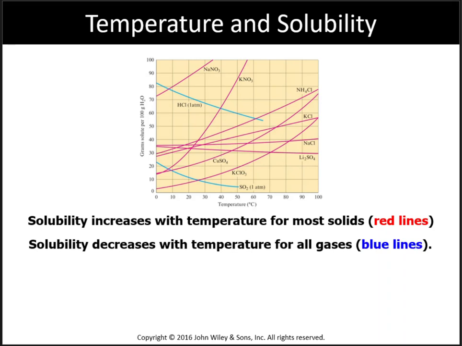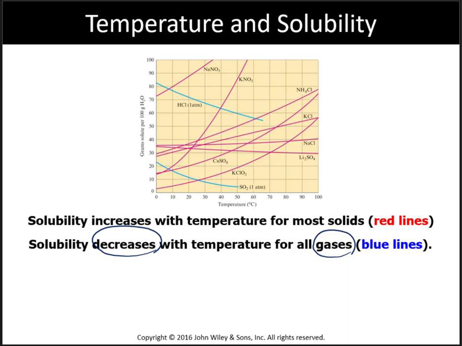Now there is one exception here: for gases, the solubility in fact decreases as the temperature increases. So for solids, as the temperature increases, solubility increases too, but for gases, the solubility decreases.